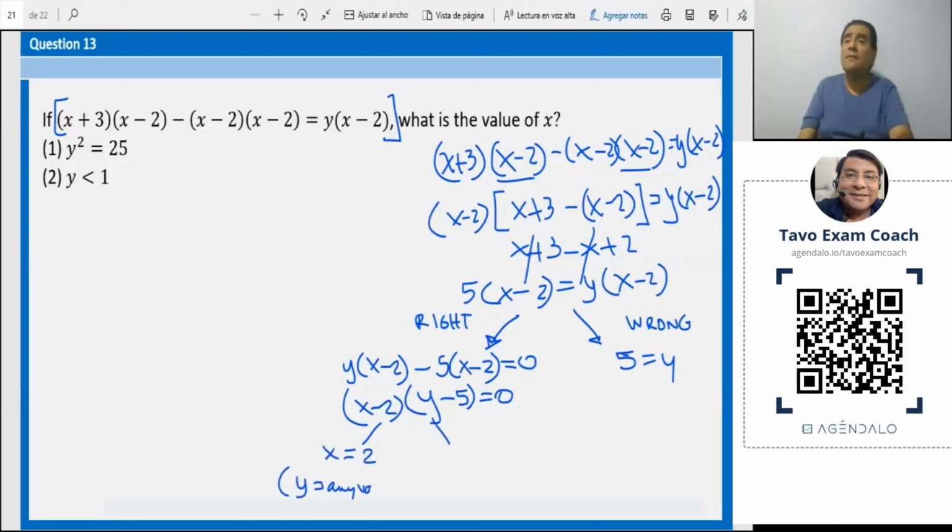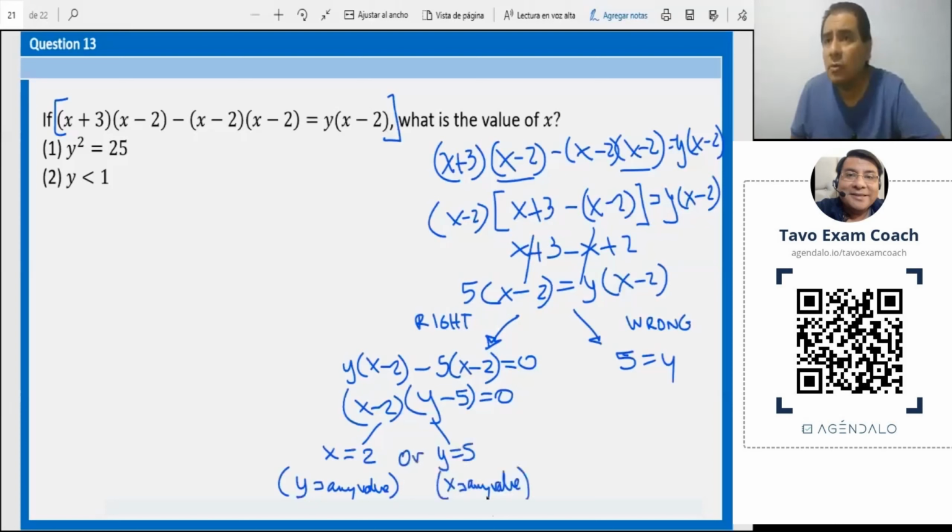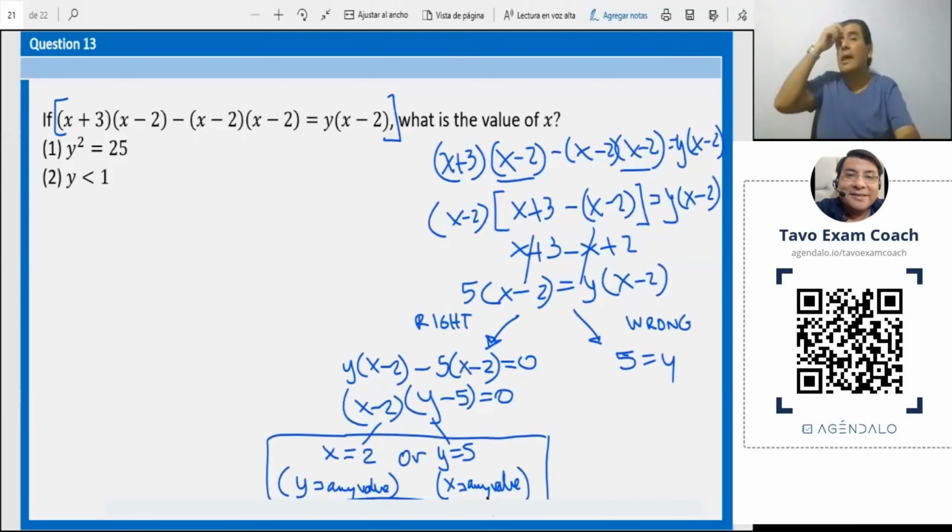On the other hand, if y − 5 is 0, that means y = 5, but that would make implicit that x could be any value. So let's now see this original equation in its true form. The meaning of this is this: x = 2 or y = 5.